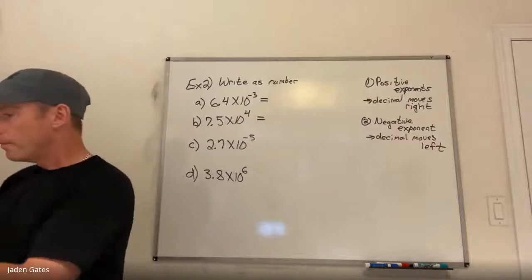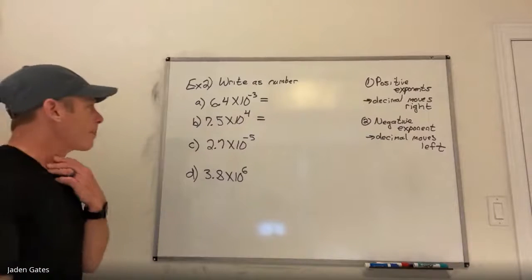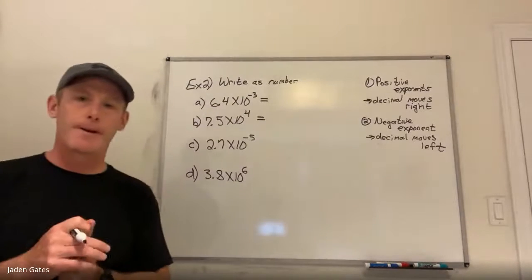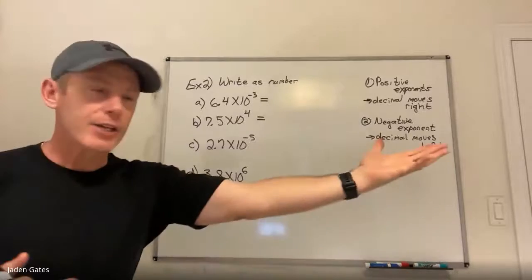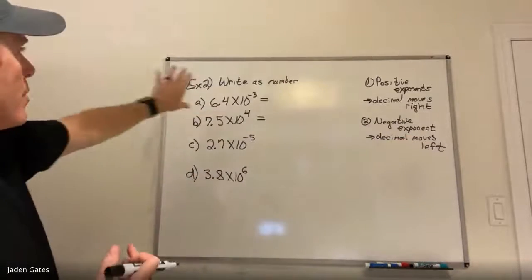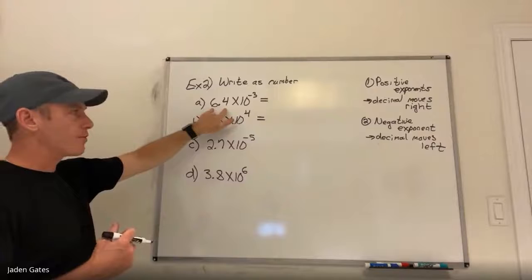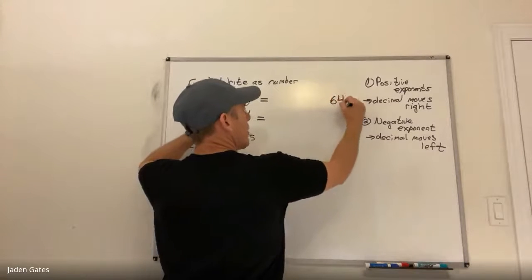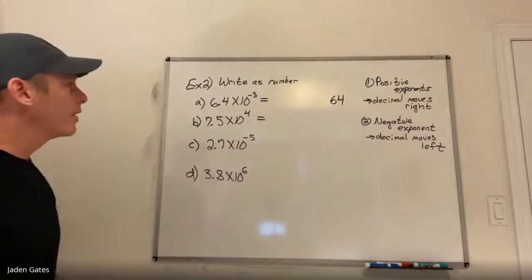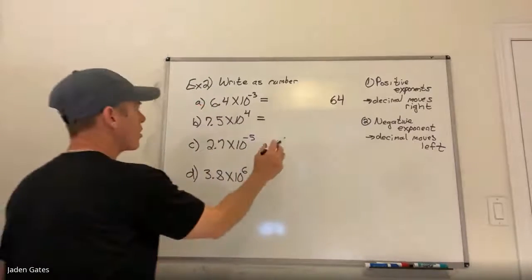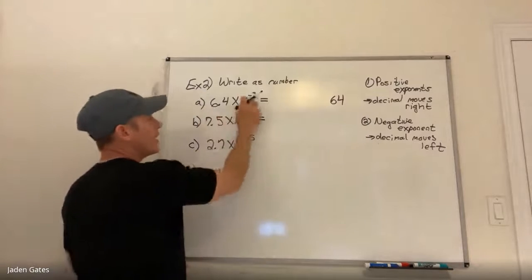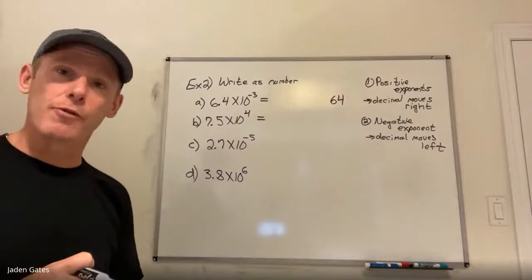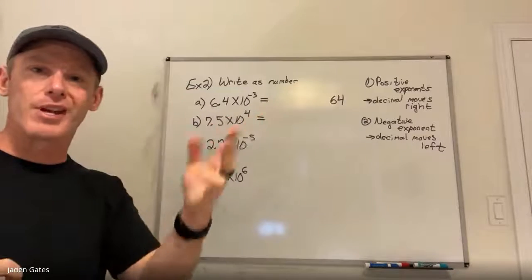All right, so here we go. I get the first one here, 6.4 times 10 to the power of negative 3. Negative exponent, the decimal is going to move left. So I'm going to take this 6 and this 4 and write them over on the right side here, because that decimal's headed left. Now, that decimal starts in between the 6 and the 4. The exponent's negative, so the decimal's going to move 3 places left because it's a negative 3.